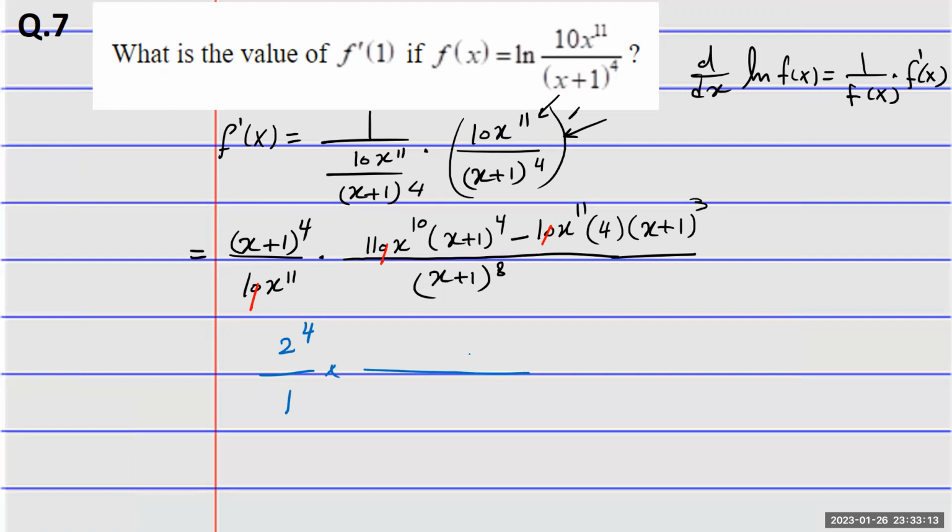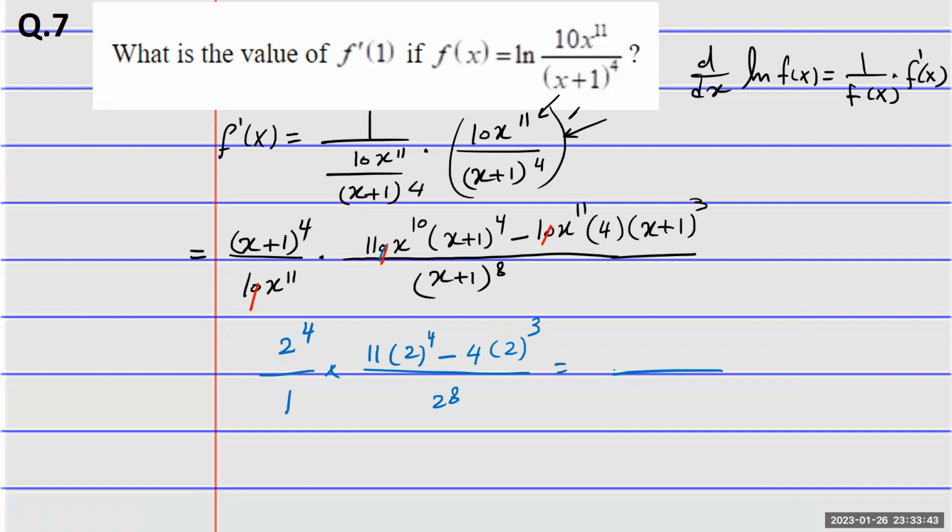Times, the first part is 11 times 2 to the power 4. Yes. Minus, because this one is cancelled, 11 times 2 to the power 4, minus, here I have 4 times 1, which is 4, times 2 to the power 3, over 2 to the power 8.